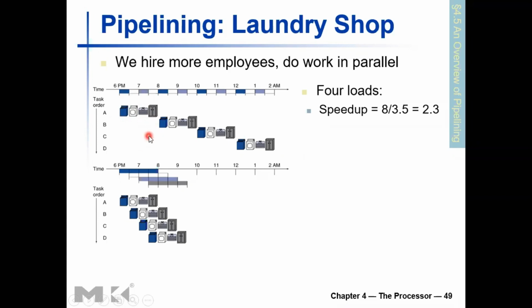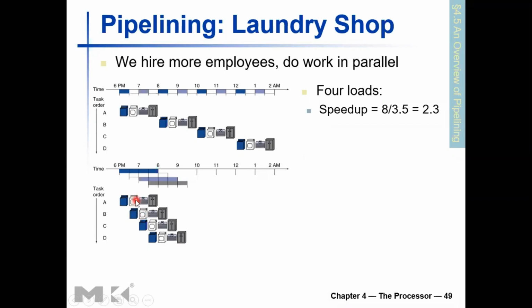So here you can see that once the washing of the first load is completed and the first load is put into the dryer for drying, we can start washing the second customer's laundry load. So the washer and dryer are now working in parallel.